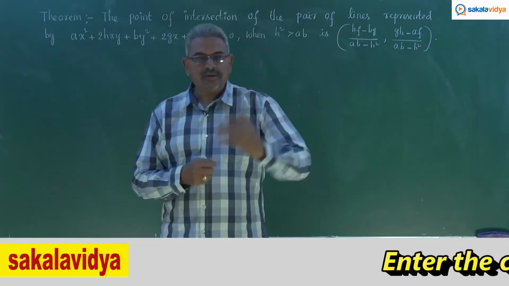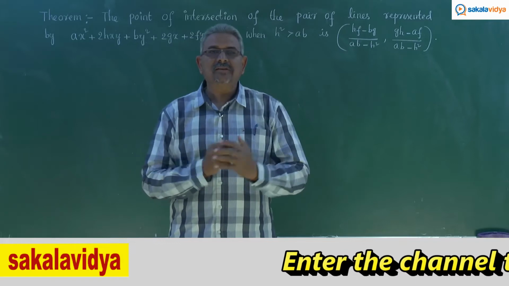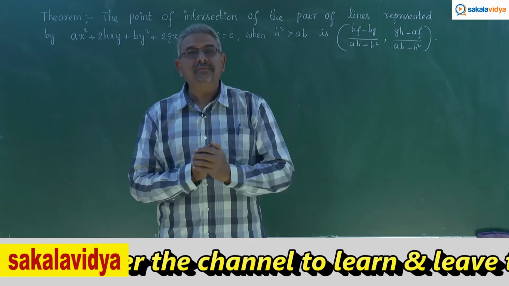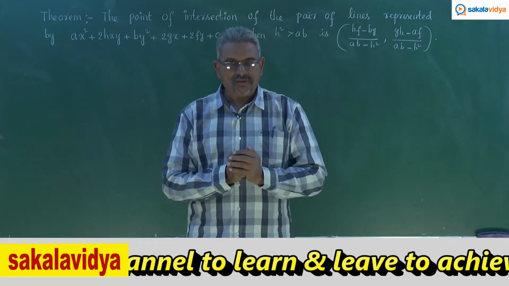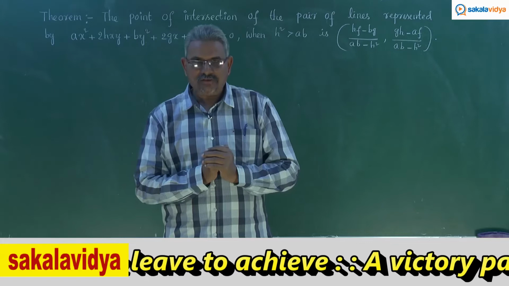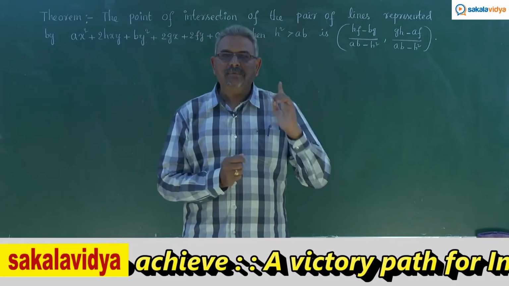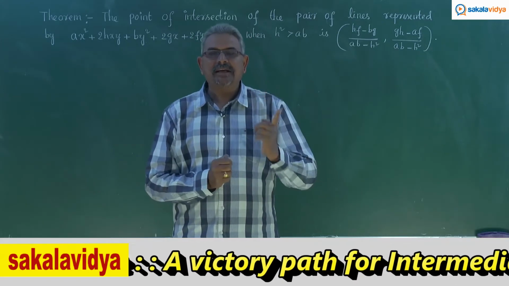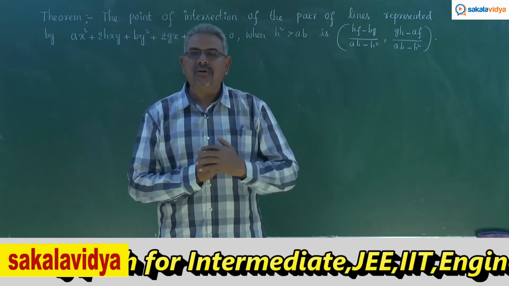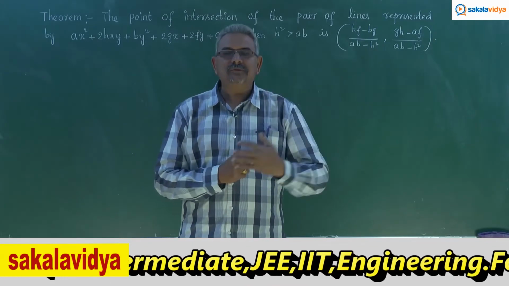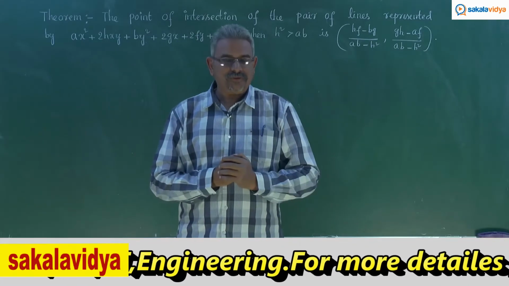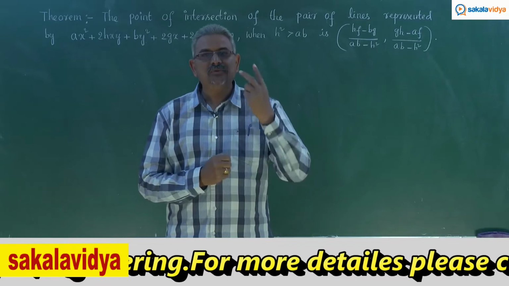According to the problem, the transformed equation passes through the origin. Whenever an equation passes through the origin, it must be a homogeneous equation, in the form of a capital X square plus 2h capital XY plus b capital Y square is equal to 0. So when we substitute, we need to equate the x and y coefficients to 0, so that we get two equations.